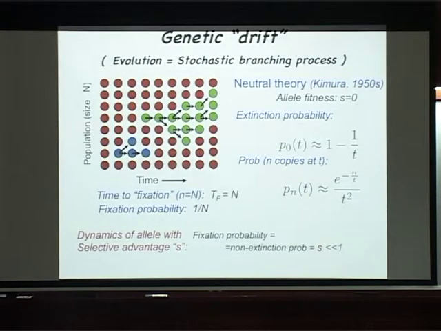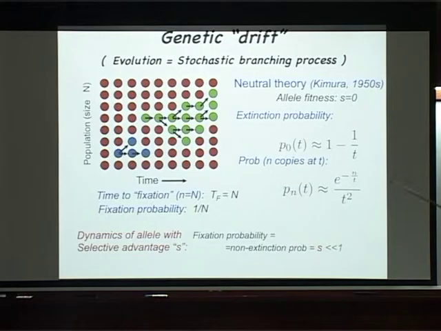So this is basically saying that the characteristic number of copies that you may find in the population, provided that the allele is not extinct, increases linearly with time.